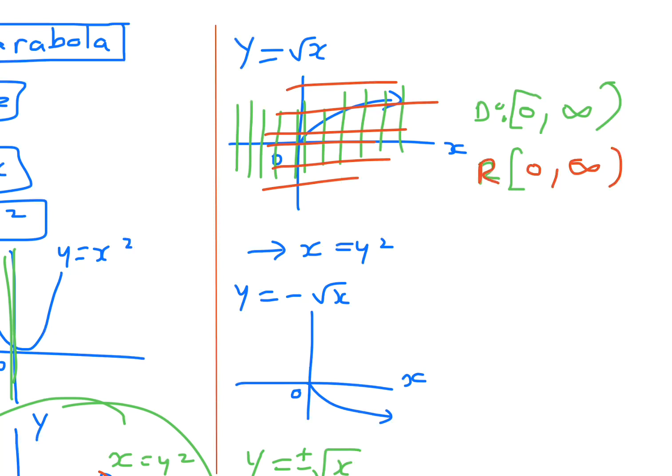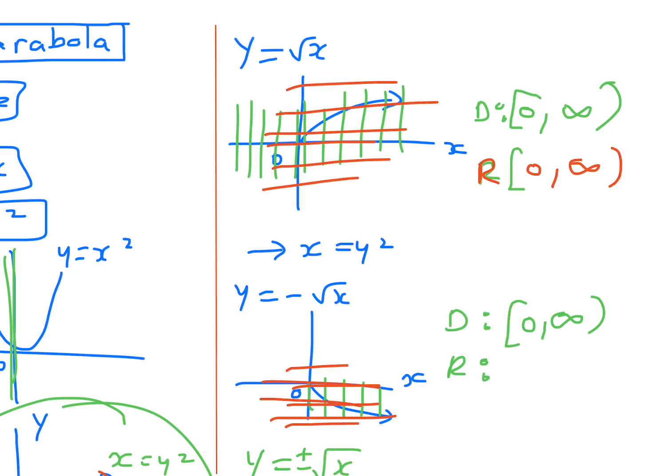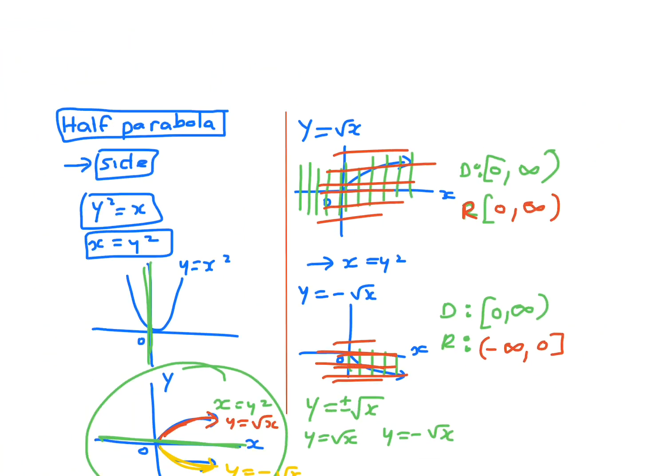For this one here, the domain would be the x values from 0 to infinity, and the range would be the y values from negative infinity up to 0, and it can equal 0.